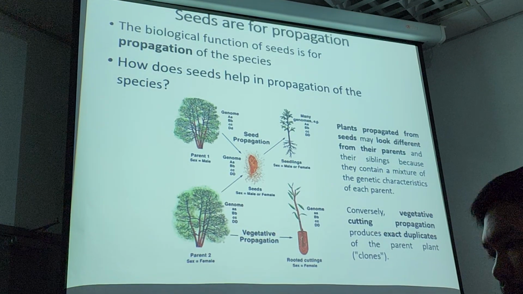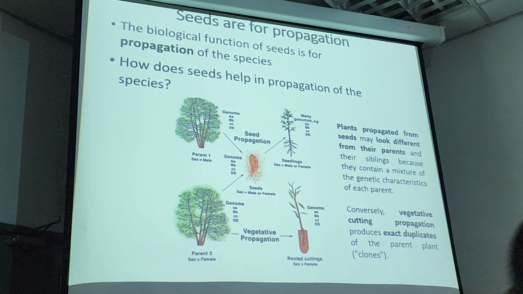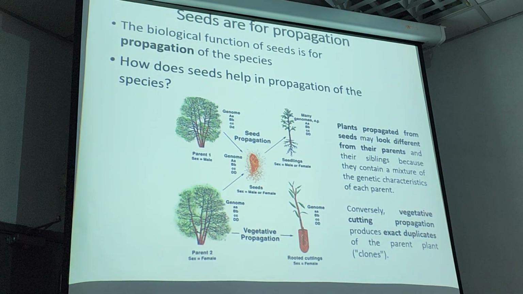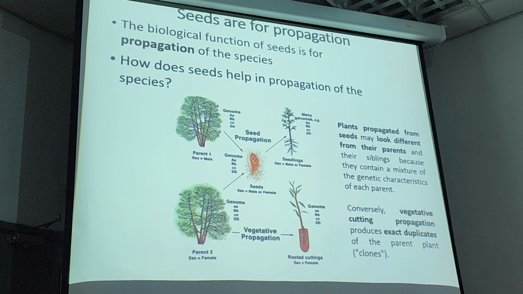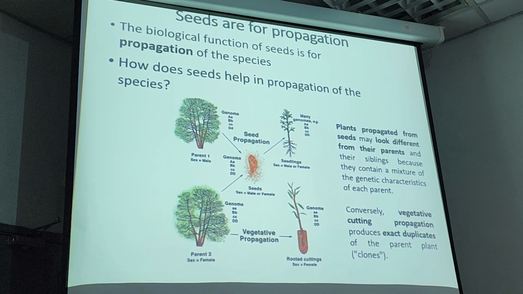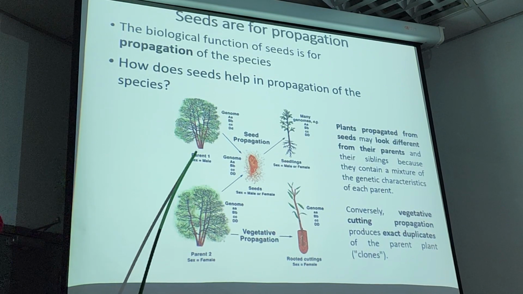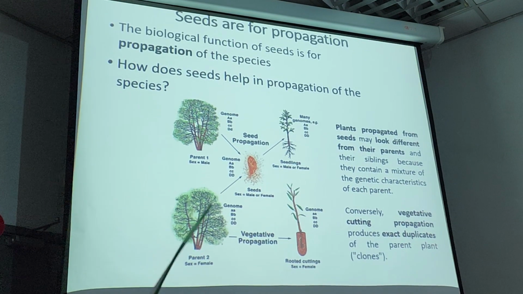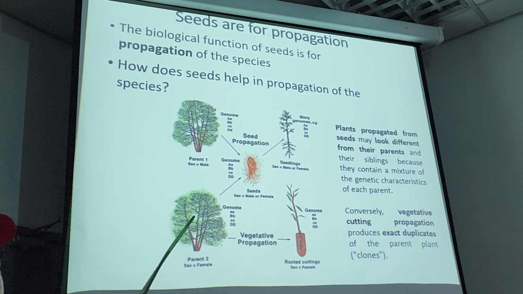But you might have some argument. What about plants that can grow vegetatively? Meaning plants that you can cultivate not using seeds, just from cuttings, stem cuttings, tuber, and so on.